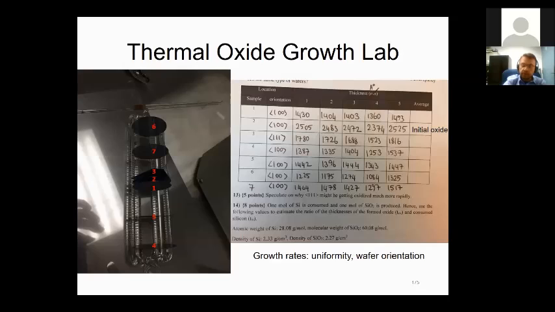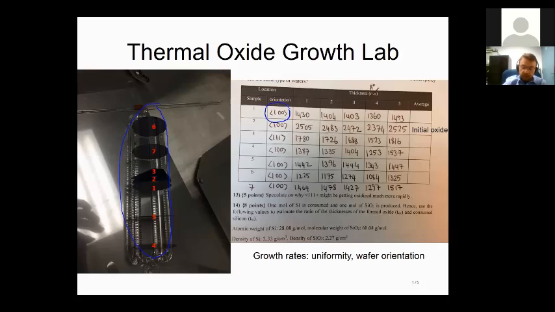Okay, so at the end of our lab, what we do with our students is we look at these wafers and we record their end results using the ellipsometer. I'm sure you guys will do a similar experiment in the afternoon. So we looked at the crystal orientation, and also depending on whether they had an initial oxide or not, what the end oxide thickness will be.